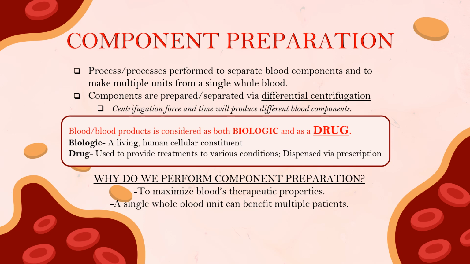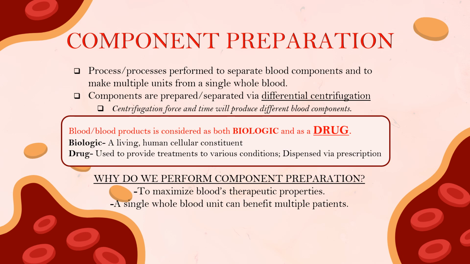Okay, why do we perform component preparation? A single whole blood unit can produce multiple blood components, and each of these components has different therapeutic properties that can be utilized to provide treatments for patients, depending on the conditions needing treatment. In order to achieve these properties, we need to perform component preparation, and this process will maximize the blood's therapeutic properties.